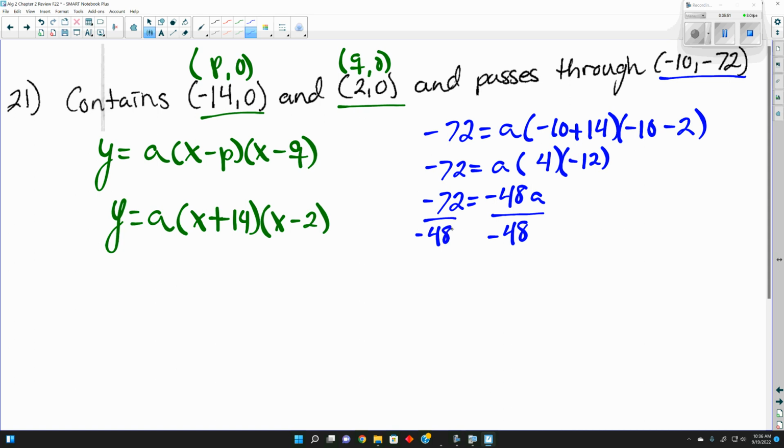Now one thing we know for certain is that a is going to be positive. At this point, we could plug this into the calculator and what is that? 6 fourths, 3 halves, I think is what we get.